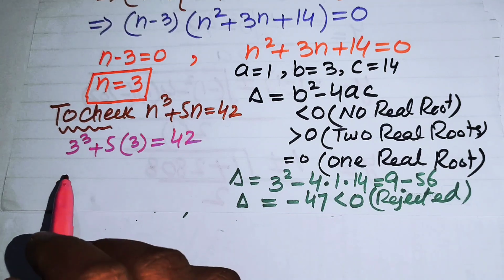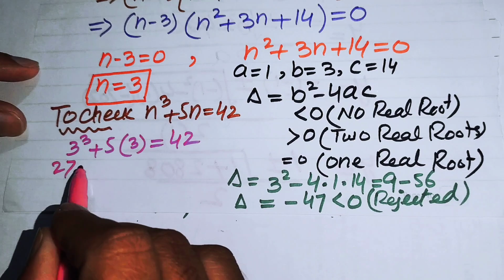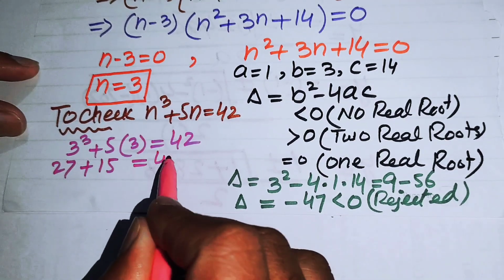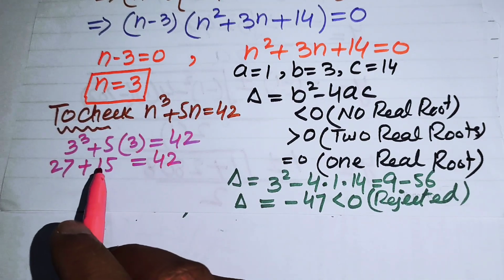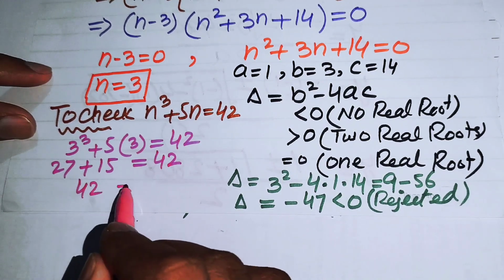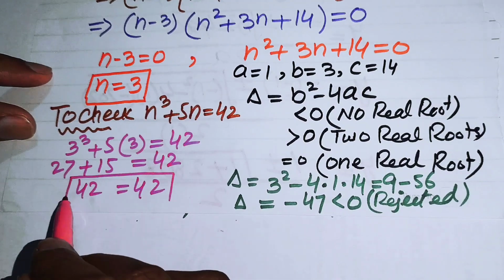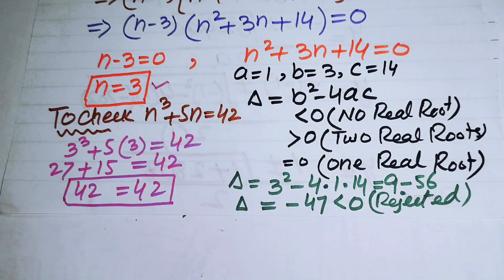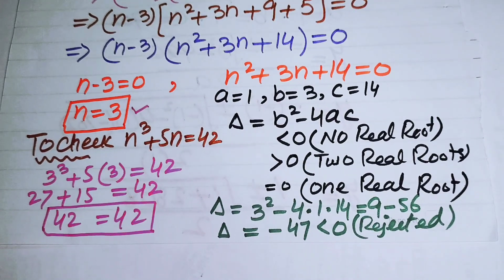And you know that 3 cubed equals 27, and 5 times 3 equals 15, and when you sum up 27 plus 15, you get 42 equals 42. So this shows that n equals 3 satisfies the given question statement. So n equals 3 is the only solution of this problem.